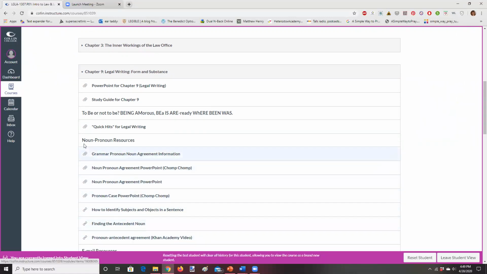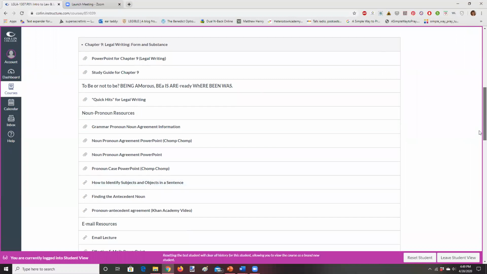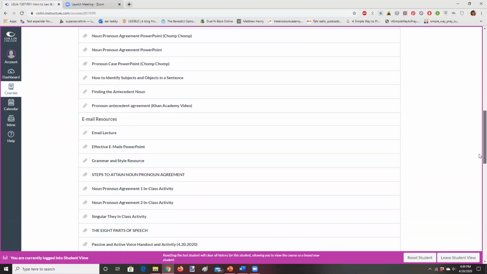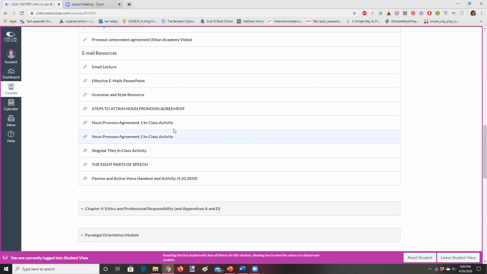All of these items in noun pronoun resources are going to be helpful for you in sorting through whether you have a noun pronoun agreement issue. I have some items that I'm posting right here. These are near the bottom. So it's noun pronoun agreement 1 in class activity, noun pronoun agreement 2 in class activity, singular they in class activity. These are the 3 things we're going to focus on in this class.